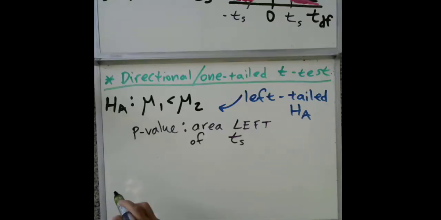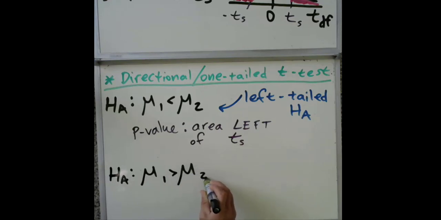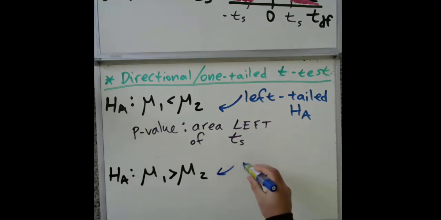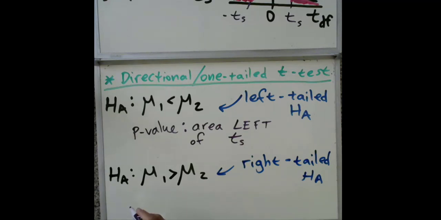The other version of a one-tailed or directional alternative hypothesis is when there is a greater than symbol. And this would be specifically referred to as a right-tailed alternative hypothesis. Therefore, the p-value would be the area to the right of the test statistic.